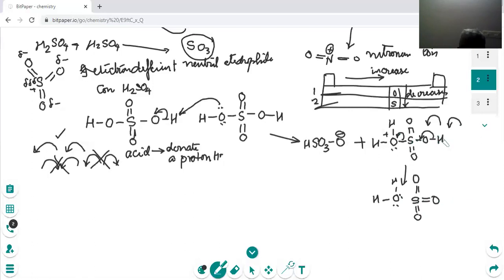Plus, see here. What is gone from here? The pair of electrons has gone to the other side. And what happens? Your hydrogen gets a positive charge. Don't forget this positive charge. Now, who will take up this? See here.